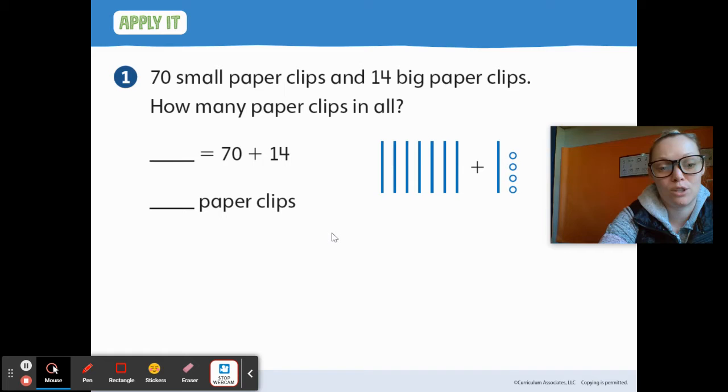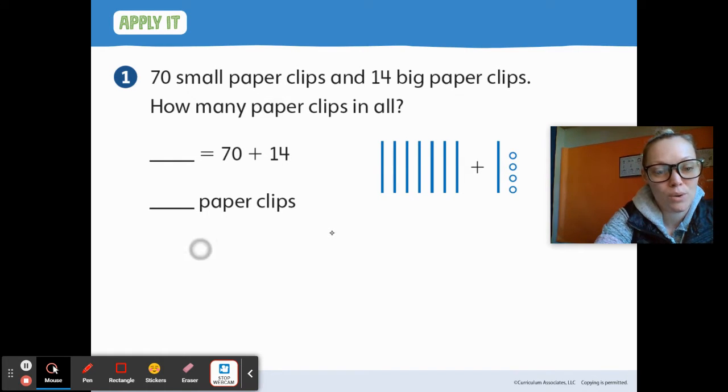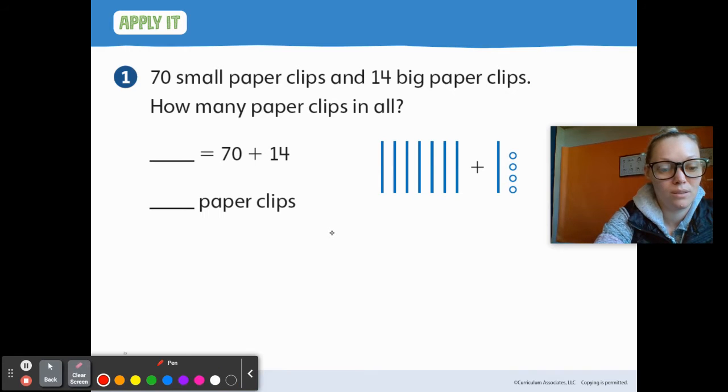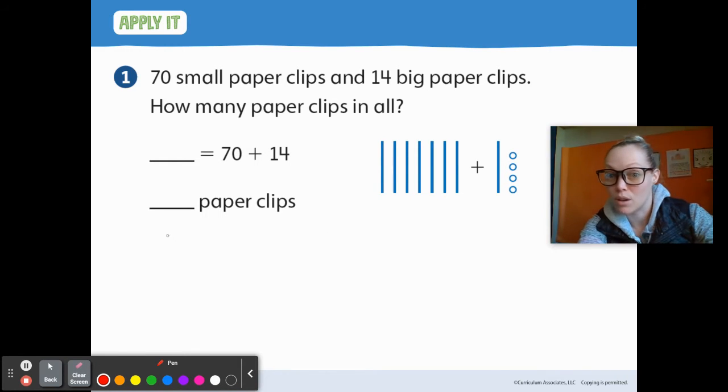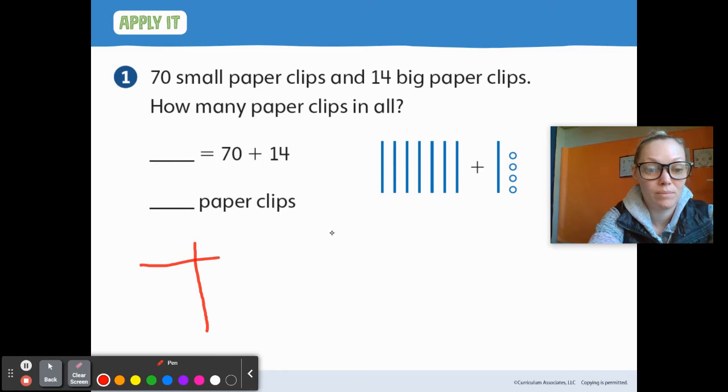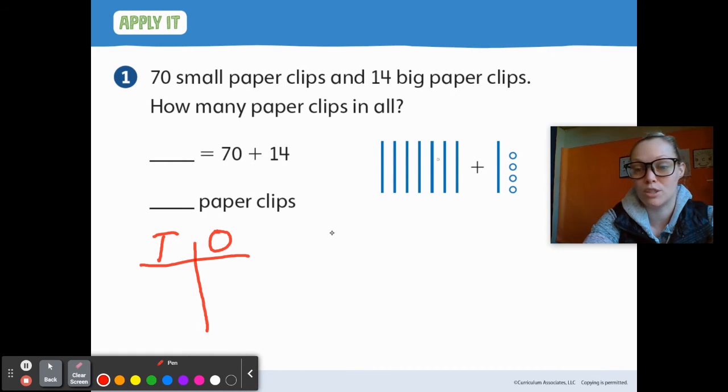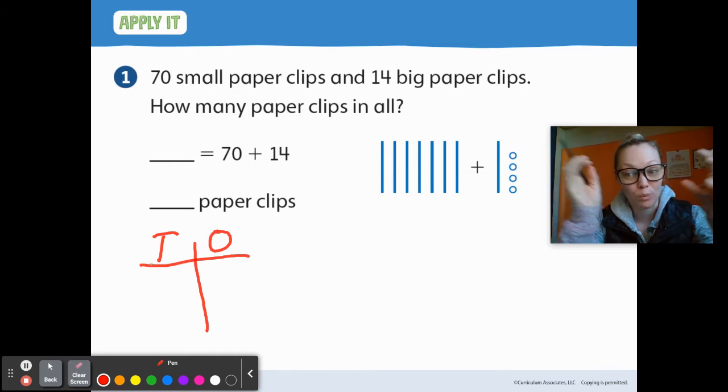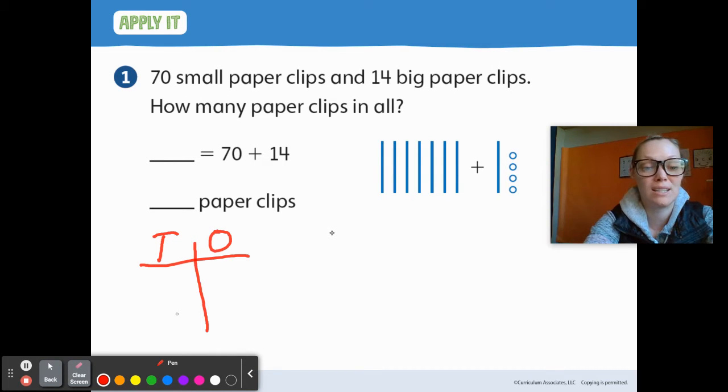Remember, there's a couple different ways, and I'm going to show you because this is kind of the fun part. If you can do it in all the ways, even better. So we have tens and ones. You can make a picture just like this, but group your tens together. So you'll stack your tens here and then do your extra ones here.